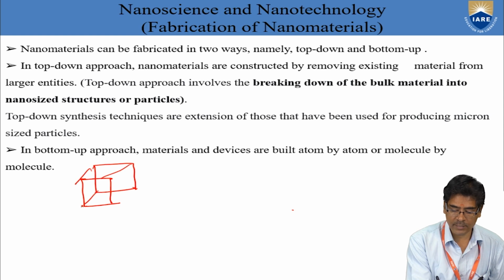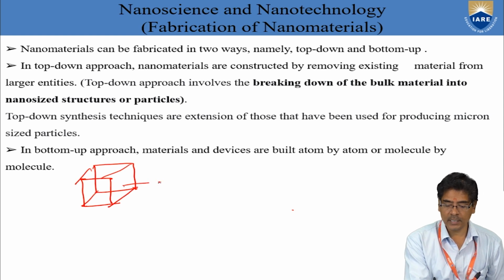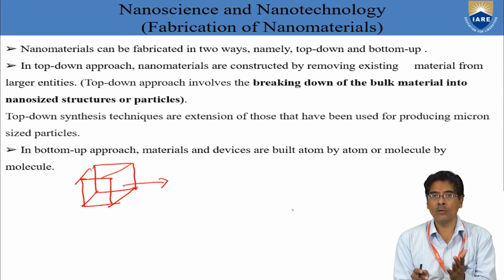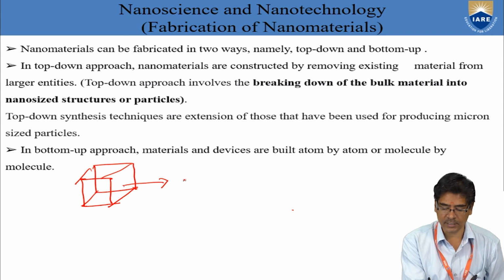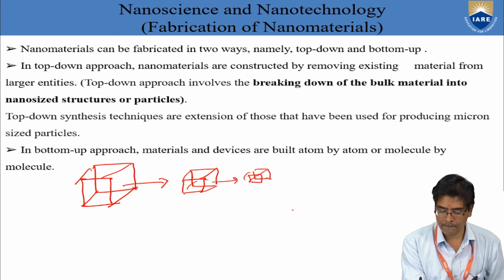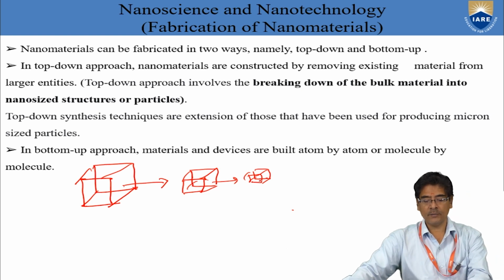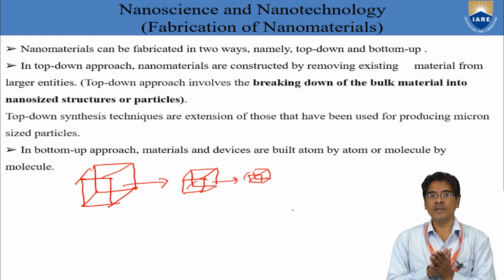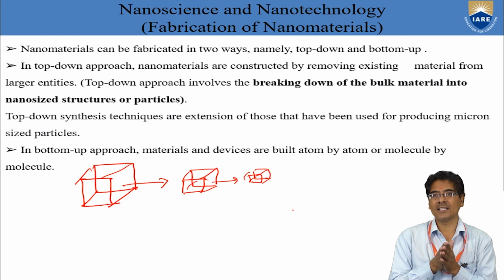So this is our bulk material. This bulk material is broken down into nano-sized clusters like this. So if you see, this is what we call the top-down approach. That means breaking down of the bulk material into nano-sized structures or particles is what we call the top-down approach.